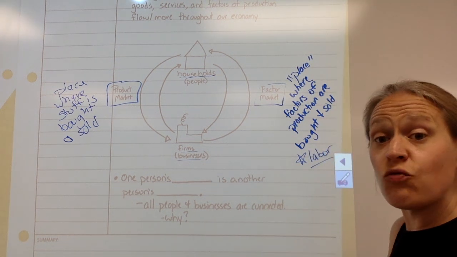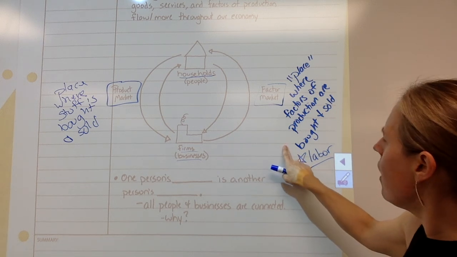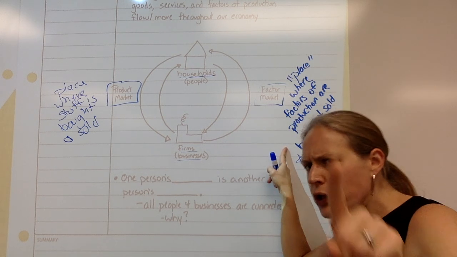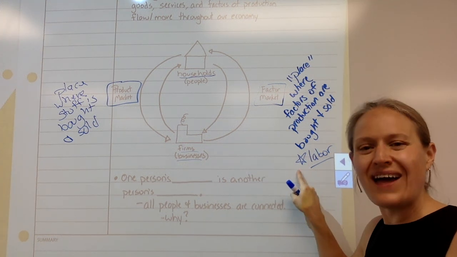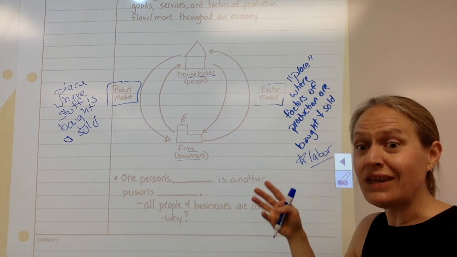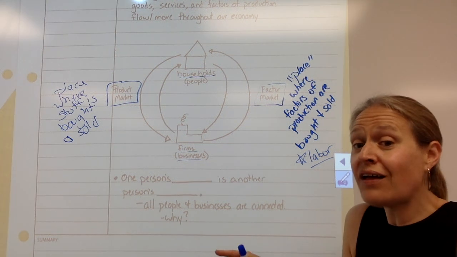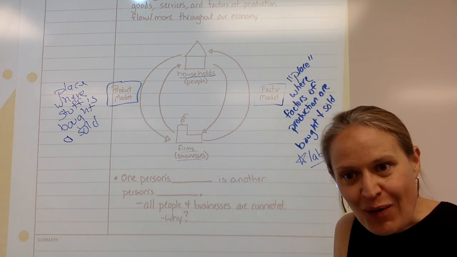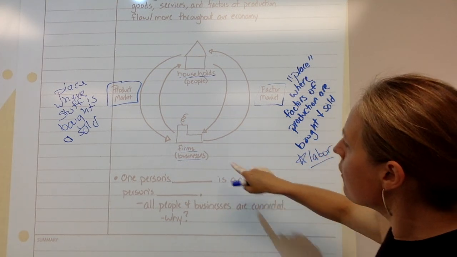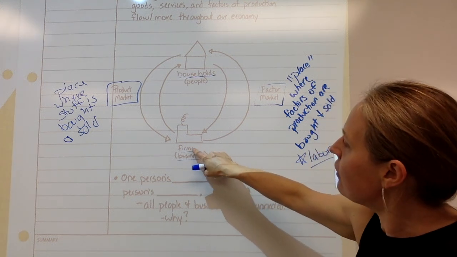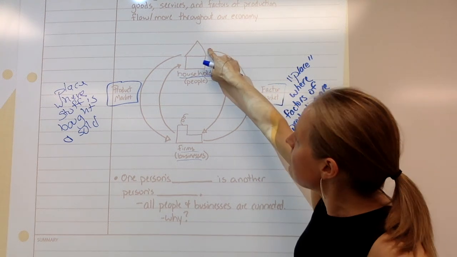Now remember, labor is work, right? People who work. So wait a minute. Am I trying to tell you guys that people's work gets bought and sold? Yes, I am. It sure does. You know what they call that? A job, right?